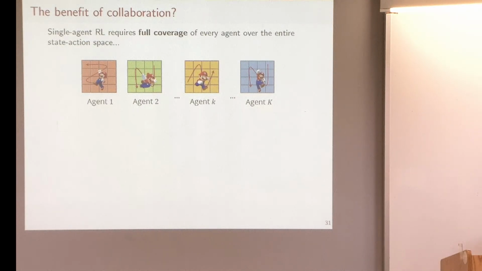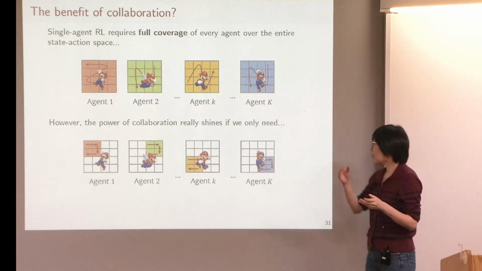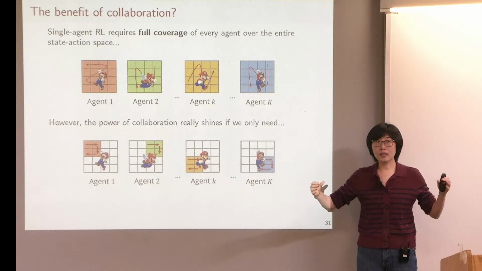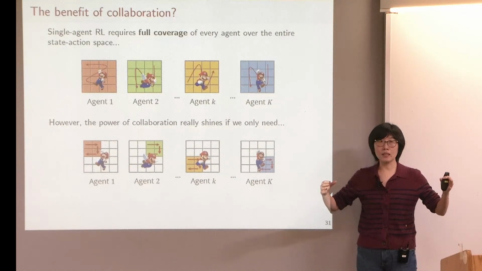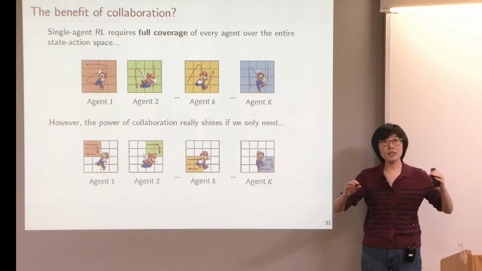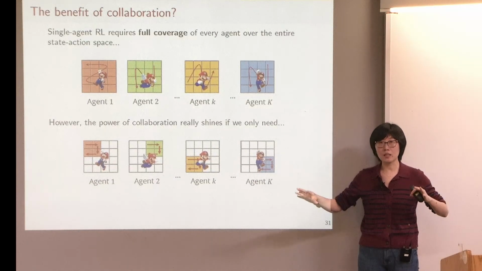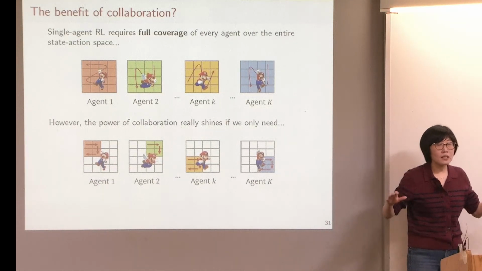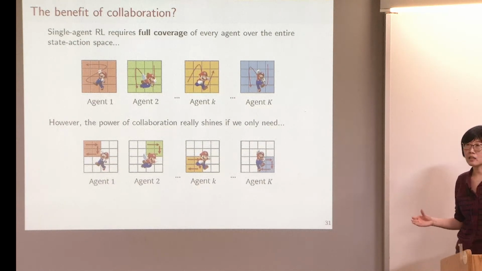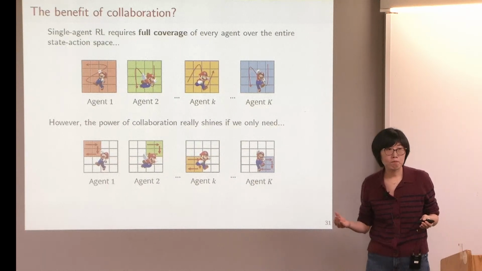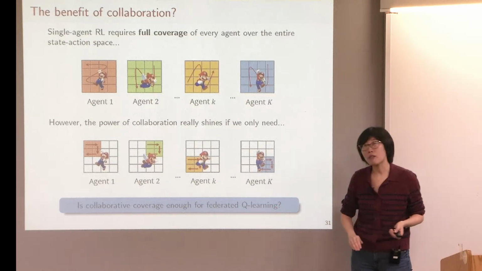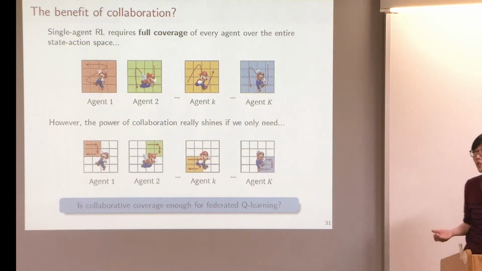But on the other hand, if I have multiple agents, maybe the best collaboration scenario is that they can each be responsible for a certain part of the state action space. So maybe they have different coverage over the state action space. Maybe none of them covers the entire state action space, but collectively they cover it, and that's already good enough. So can we show that this kind of collaborative coverage will be enough for the federated Q-learning algorithm?